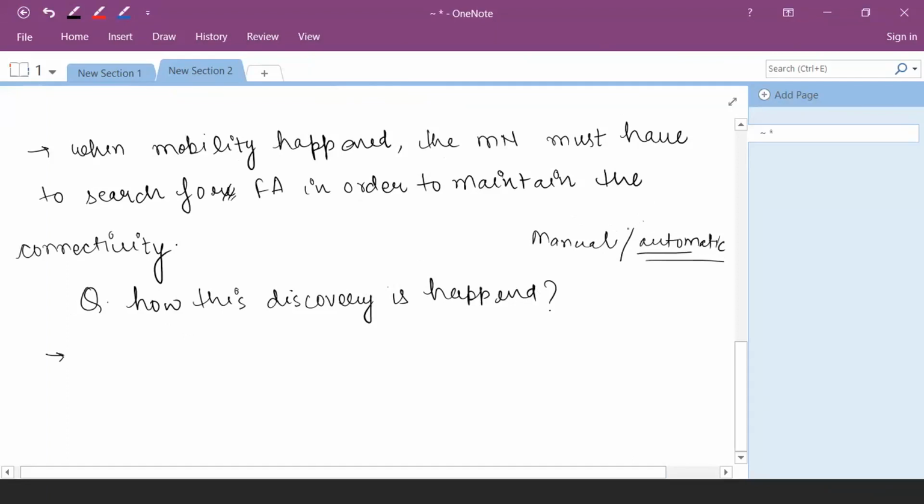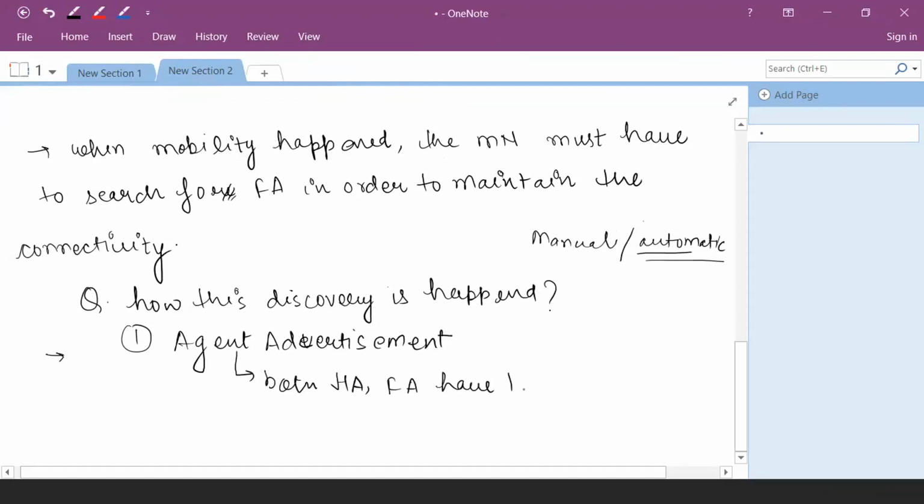So what is the problem inside this? Actually, this discovery is performed by one technique that is called agent advertisement. In agent advertisement, both the home agent and the foreign agent have to broadcast their signal in a periodic fashion.